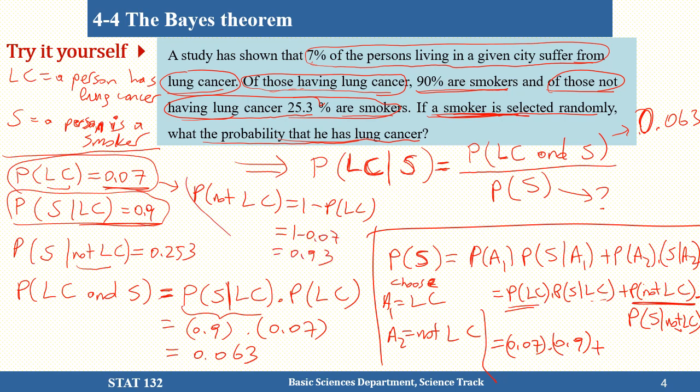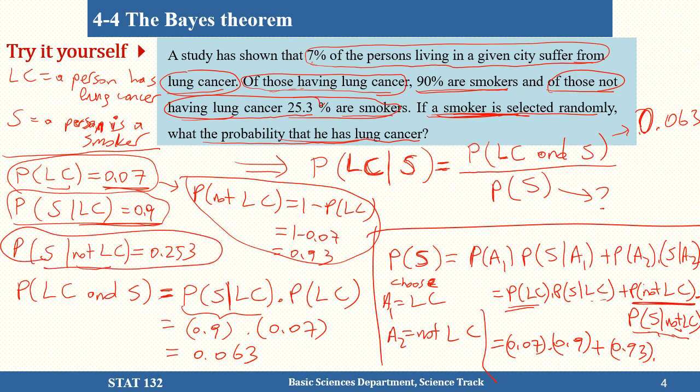Then you can substitute this in here: 0.93 times the probability of S given not LC, which is given here as 0.253. If you calculate this, it will give you 0.298.